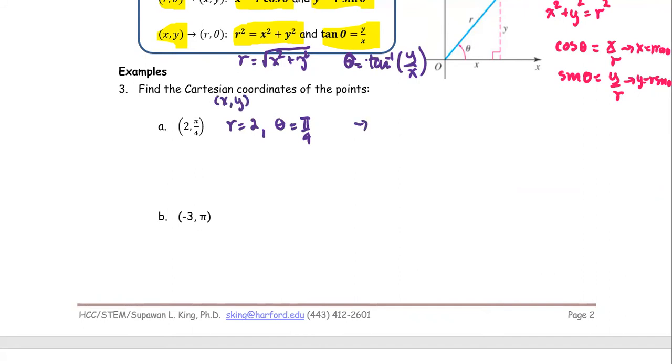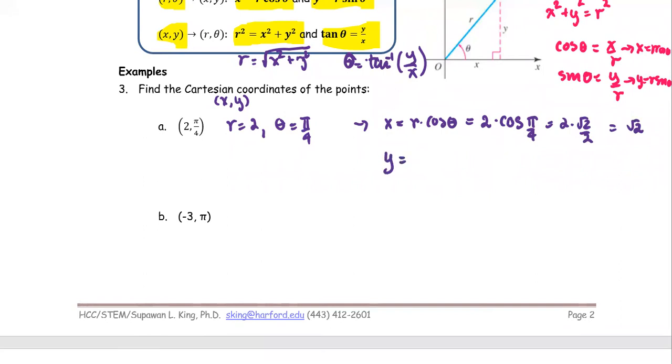X can be found by using the formula x equals r multiplied by cosine theta. The r is 2, the theta is pi over 4. So 2 times the cosine of pi over 4, which is 2 times square root 2 over 2, simplifies to square root 2. Now we get the x coordinate.